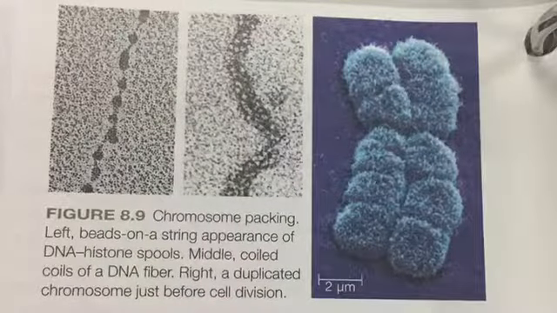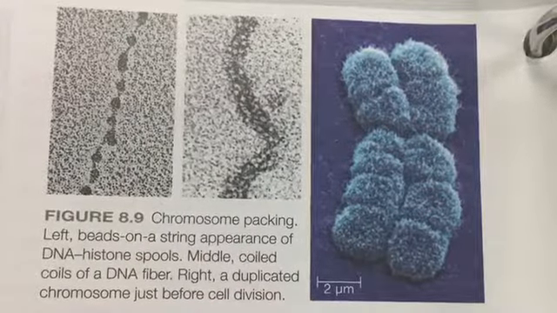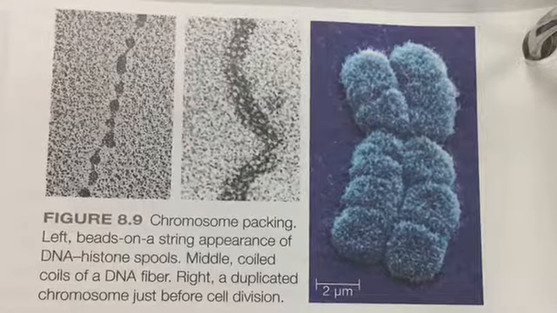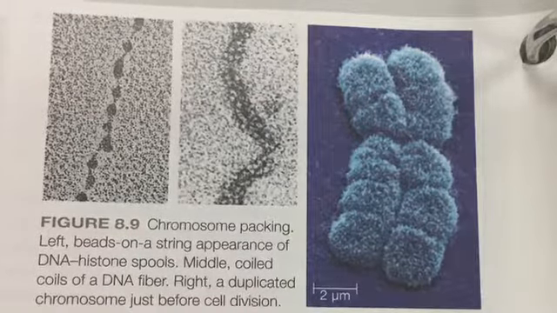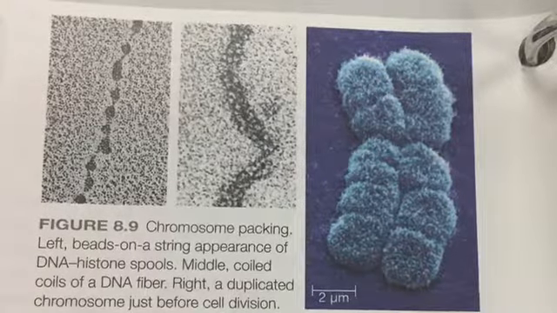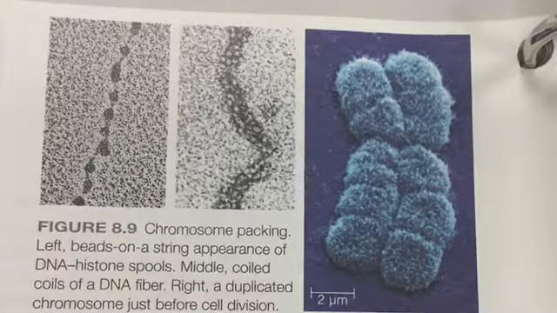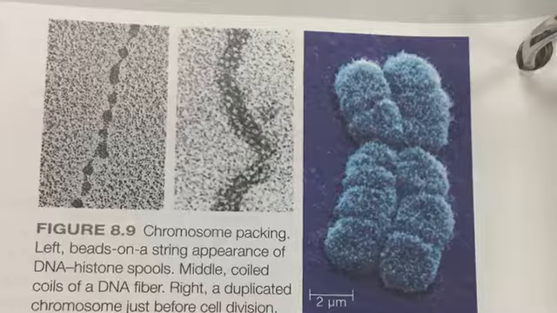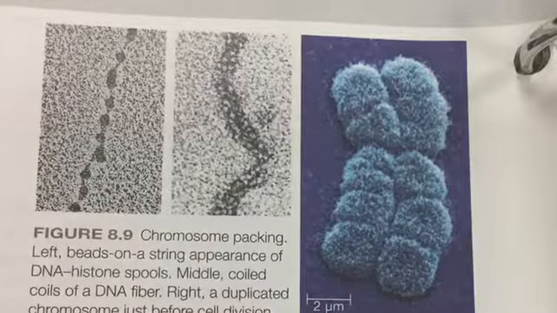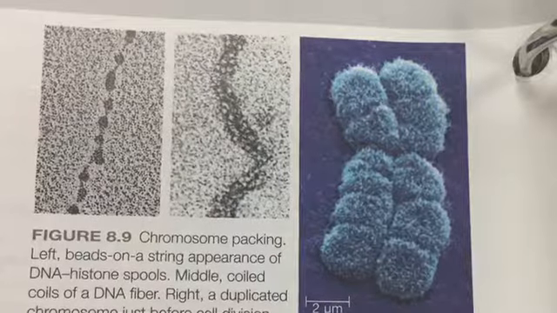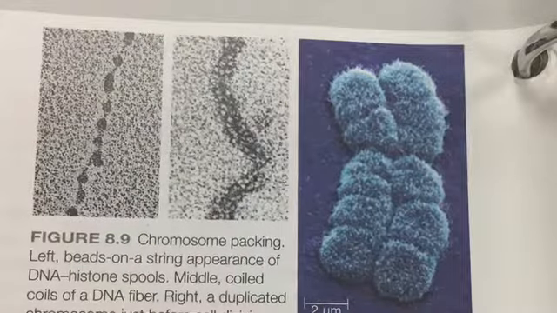Now this is what a chromosome looks like. Before, I briefly went over that one cell has 46 chromosomes, and in each chromosome there are homologous chromatids.